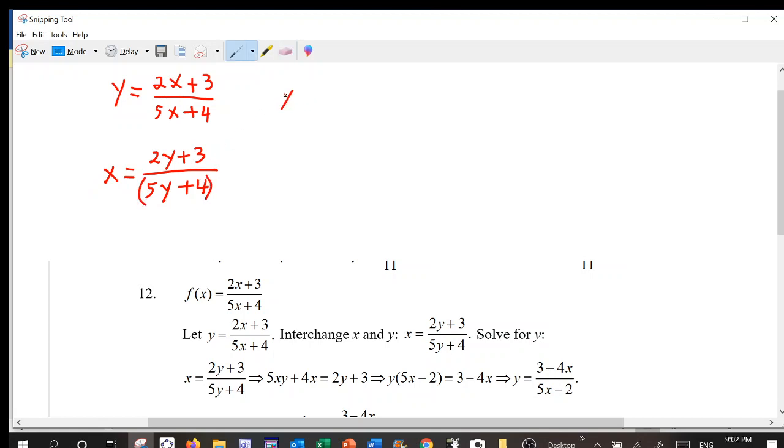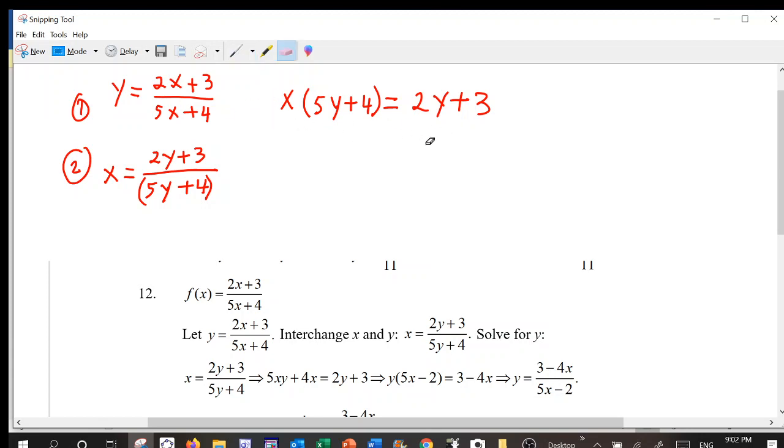So I get x times 5y plus 4 equals, if I multiply this by this denominator, the denominator gets canceled, right? So I get 2y plus 3. Okay, so this was step 1, this was step 2. Now step 3 is to solve for y.